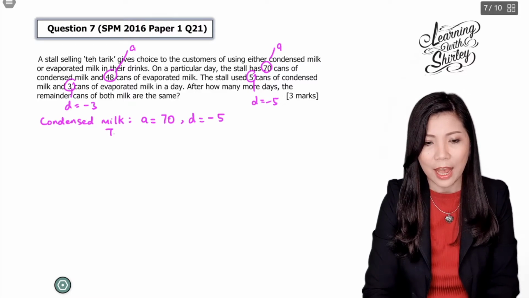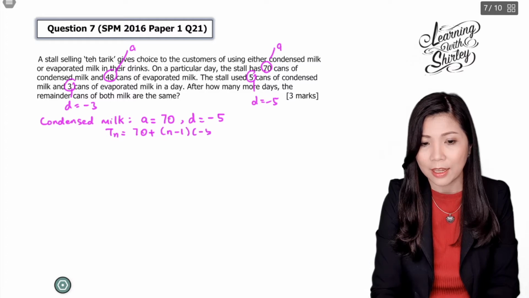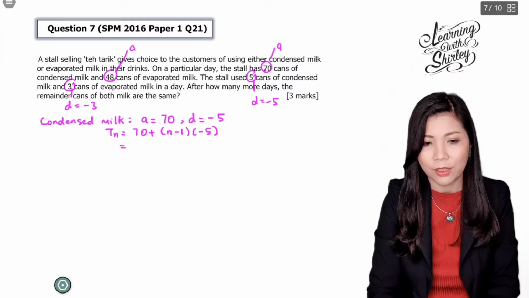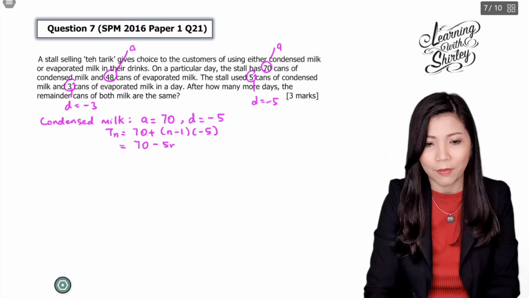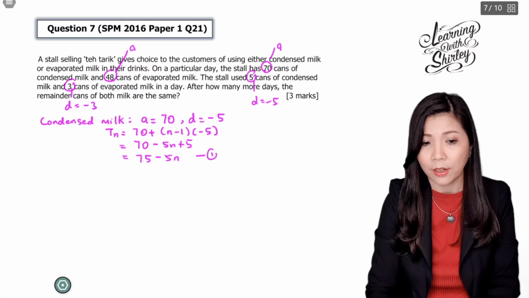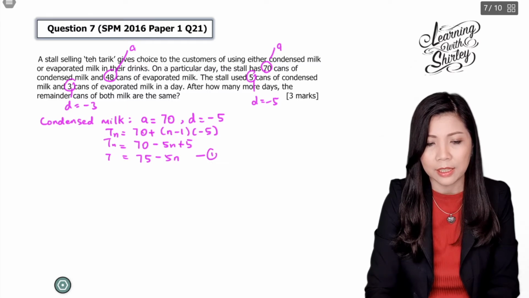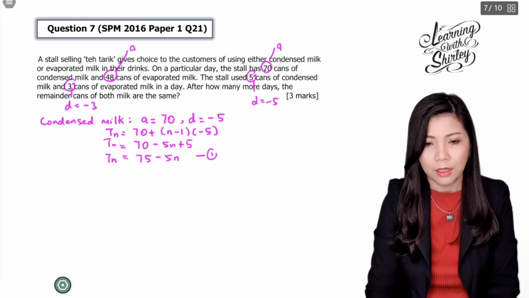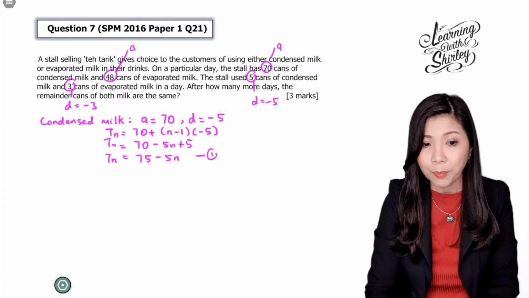Tn is equal to A plus n minus 1 d. Okay, so we're going to solve this. 70, simplify this, negative 5n plus 5, which is 75 minus 5n. So we're going to take this as equation 1.